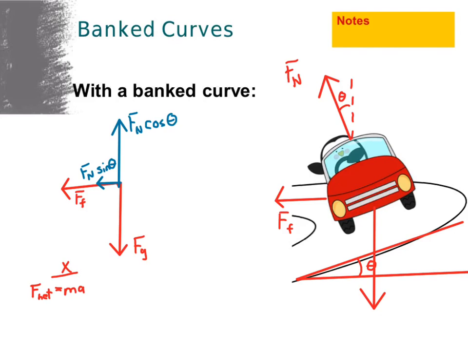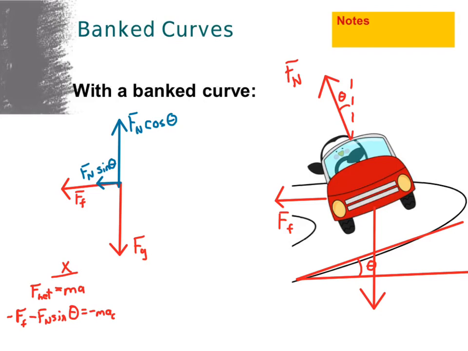And the net forces that I have in the x direction are negative force due to friction, because it is pointing toward the left, and minus normal force sine theta, and that's going to equal mass times my centripetal acceleration. But my centripetal acceleration is also negative because it's pointing toward the left. That's where the center of the circle is. So I better make sure that that ends up negative.